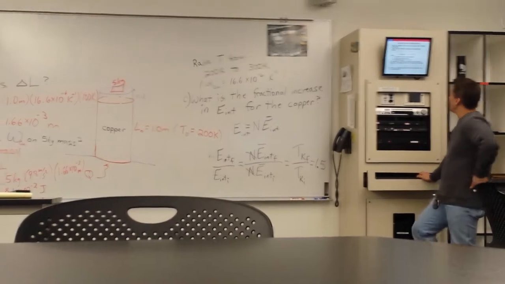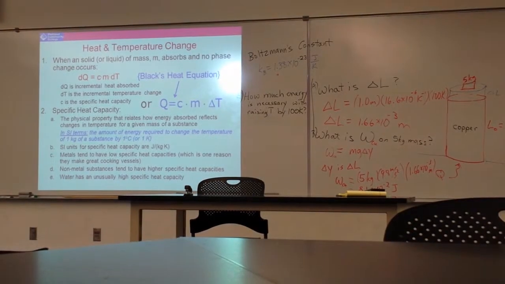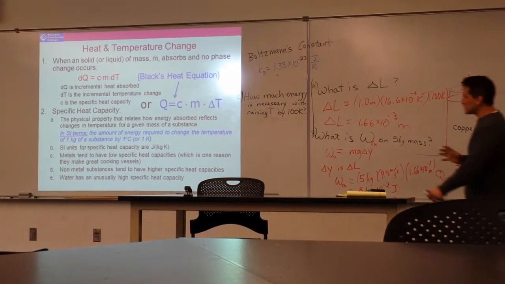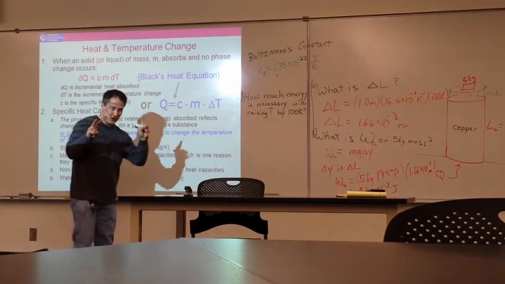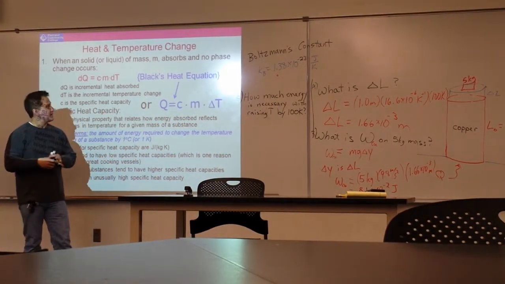It turned out a guy by the name of Joseph Black measured relationships between what he called this caloric and temperature change.